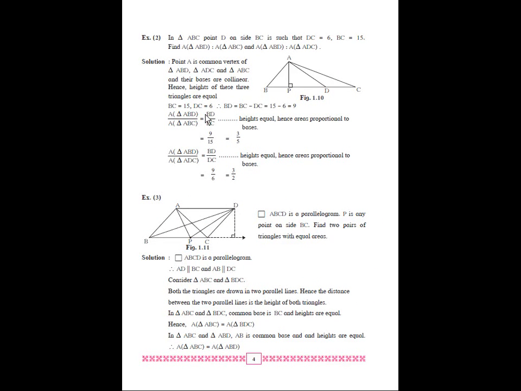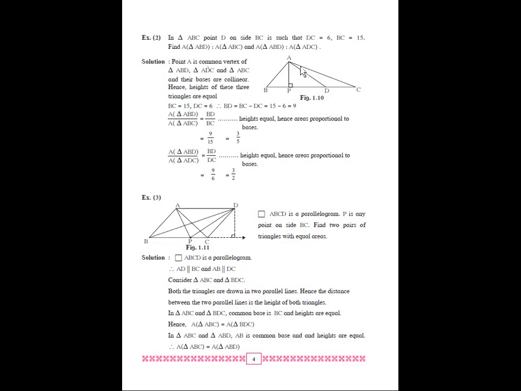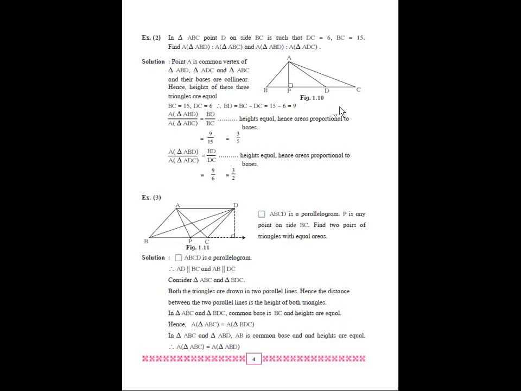Then the second example: in triangle ABC, point D is on side BC such that DC is equal to 6. The value of DC is given, that is equal to 6. BC is equal to 15, and we have to find out the ratio of the area of triangle ABD to the area of triangle ABC, then the area of triangle ABD to the area of triangle ADC.